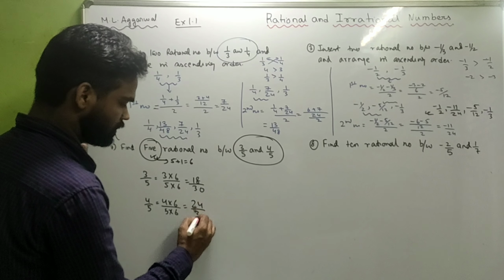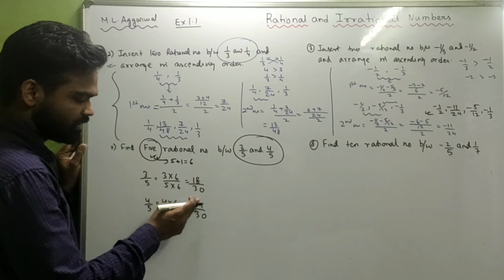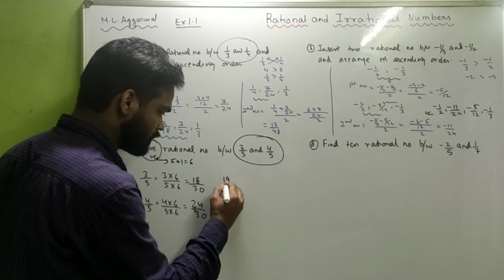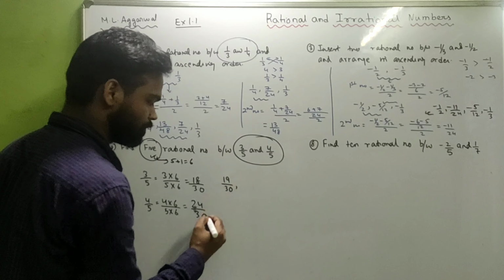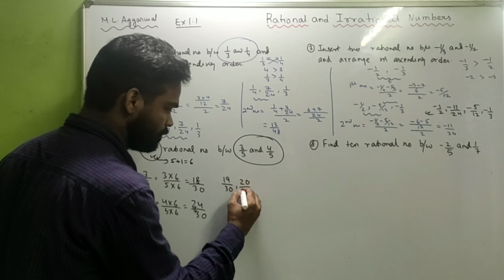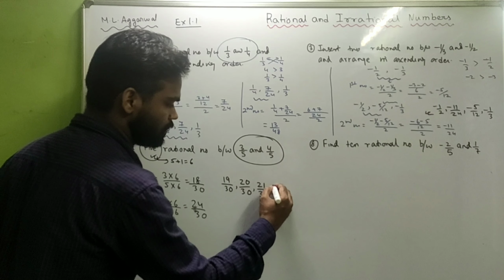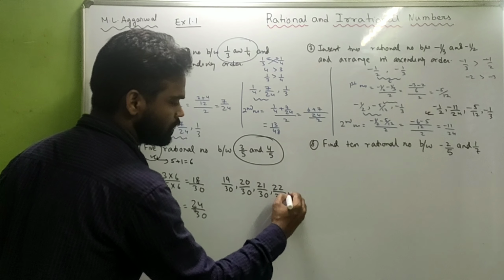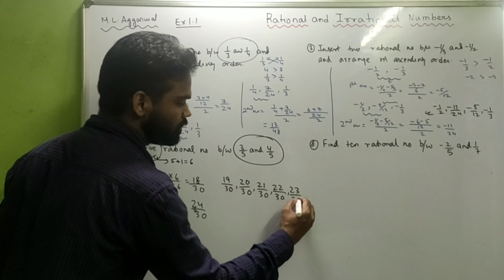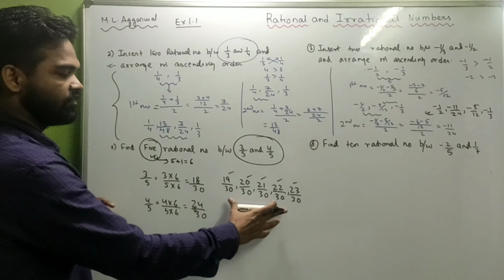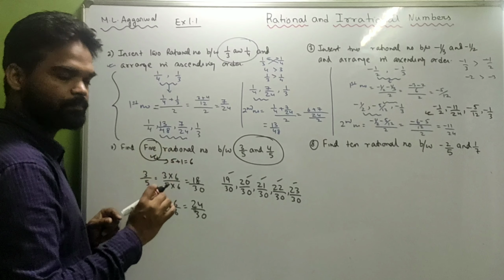24 by 30. Now between 18 and 24, which numbers are there? There's 19 by 30, 20 by 30, 21 by 30, 22 by 30 and 23 by 30. See, I successfully inserted 5 numbers between them.